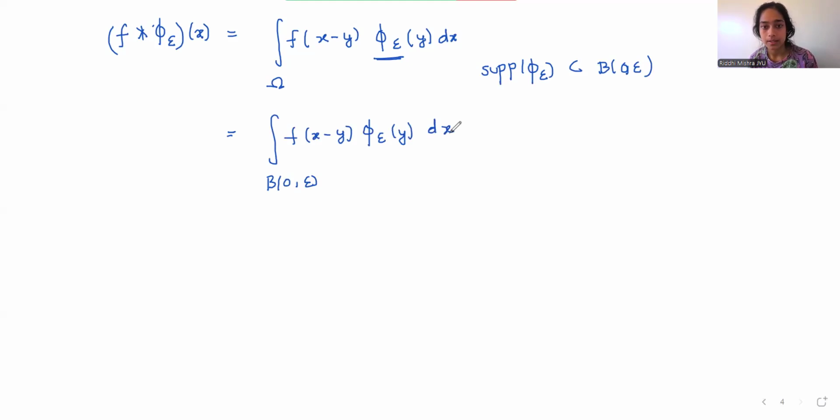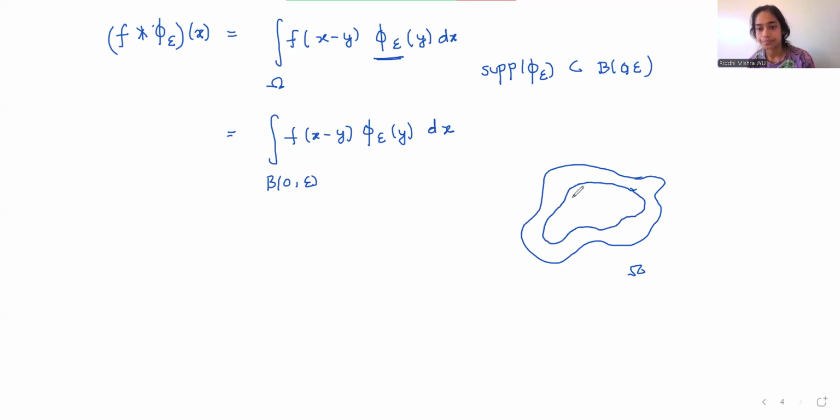Epsilon y x. This was my omega, and this is my omega epsilon. And my y is in B0 epsilon.